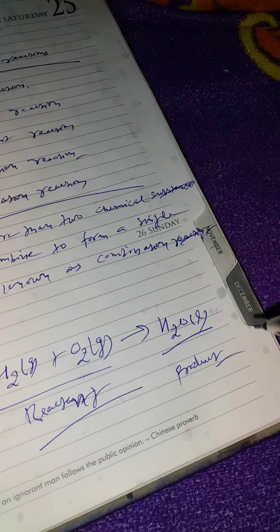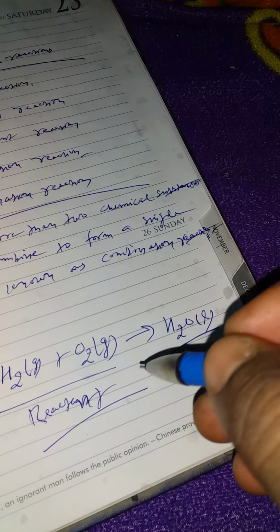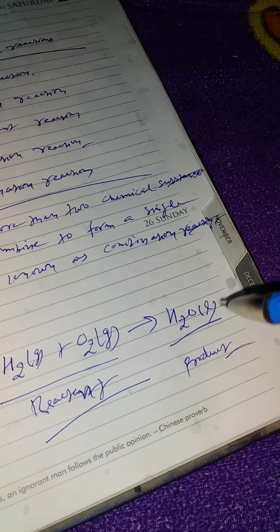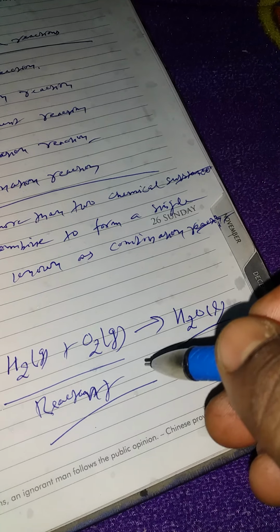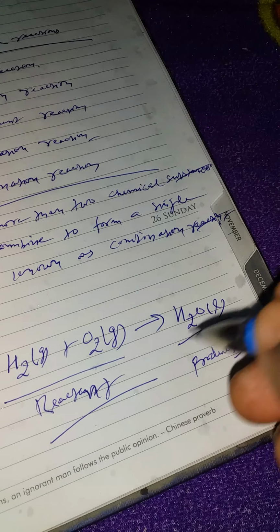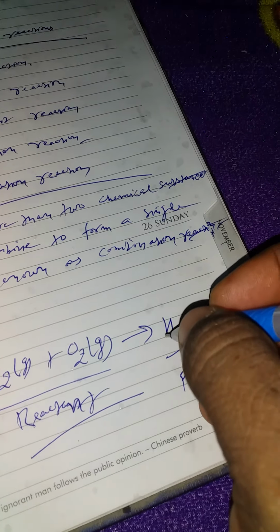So students, it is an example of combination reaction. Here this chemical equation is not balanced, so we balance this chemical equation by hit and trial method. So we multiply 2H2O, and for hydrogen here we write 2, and it is a balanced chemical equation.